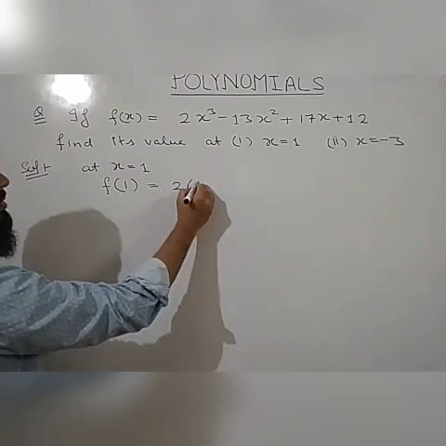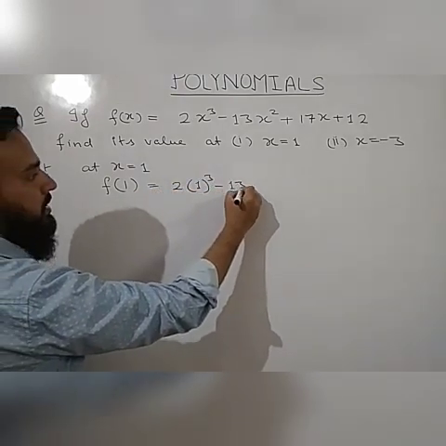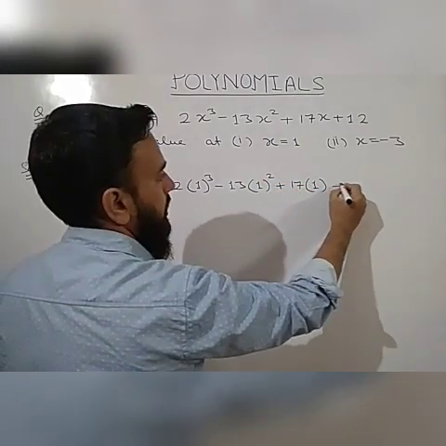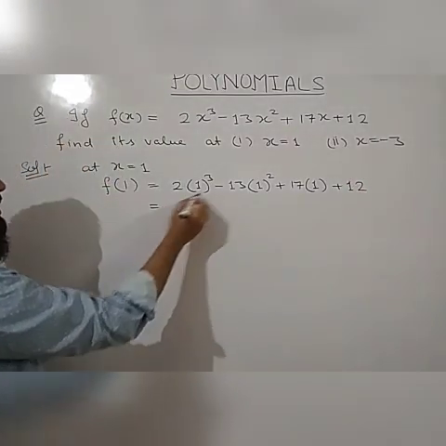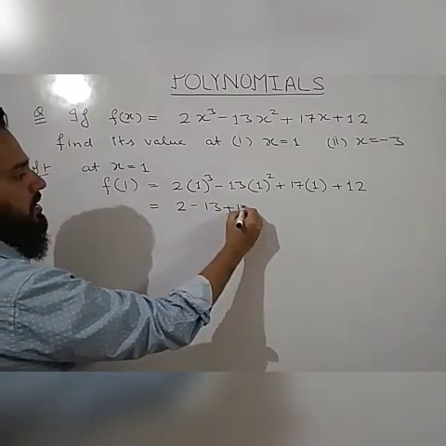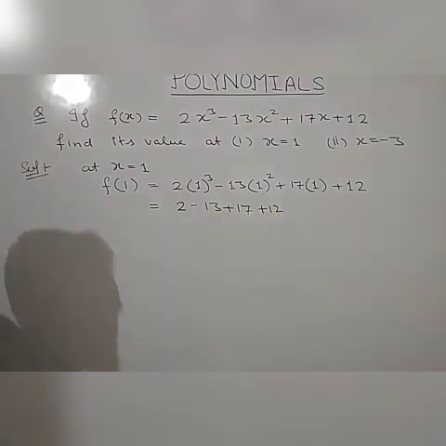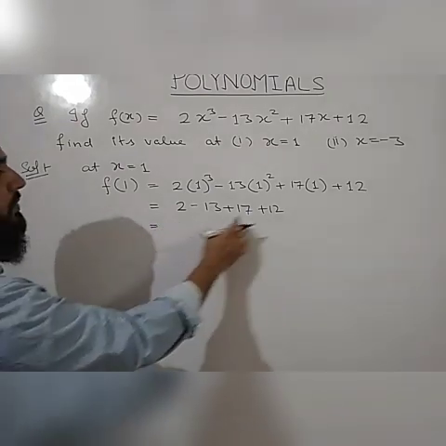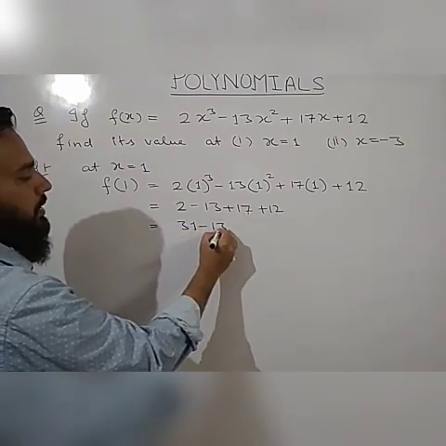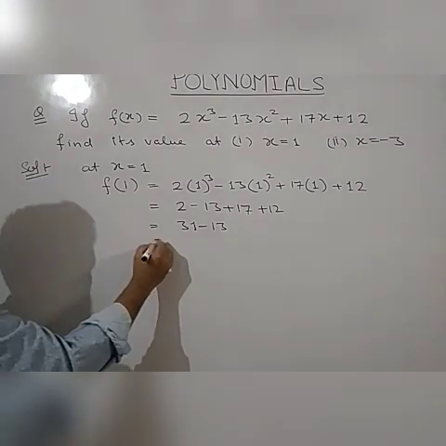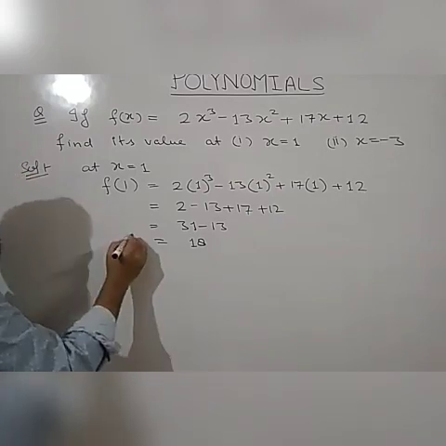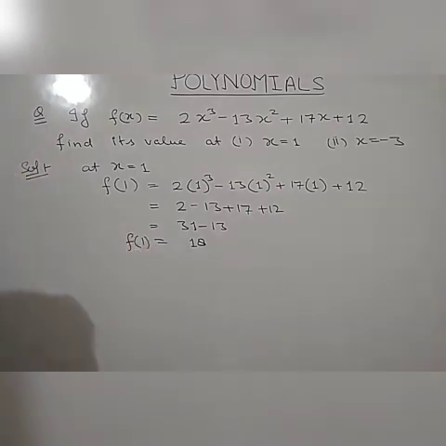So we get 2 × 1³ - 13 × 1² + 17 × 1 + 12. 1 cubed is 1, so 2 × 1 = 2, minus 13, plus 17 and plus 12. Now we can calculate: 17 + 12 = 29, plus 2 is 31, minus 13 is 18. So the value of this polynomial at x = 1 is 18.